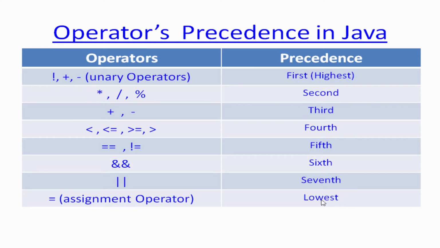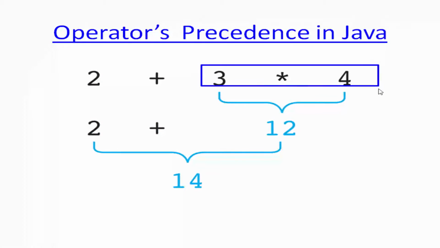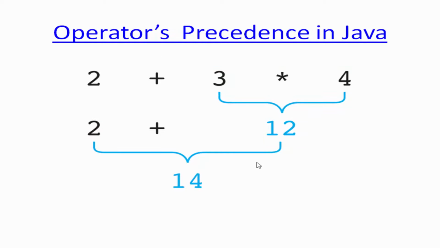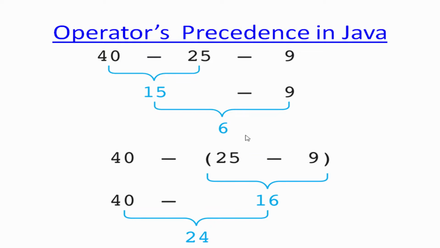So if an expression has all these operators, first unary operators will be operated and then the other operators in order. Here first the multiplication operator was operated, we got 12, and then this 12 was added with 2 and we got 14. But here is another case, we have two minus operators. If we have more than one operator with equal precedence, then we will start from the left side.